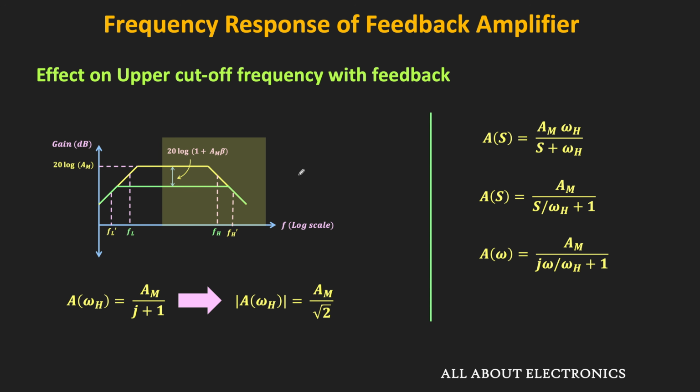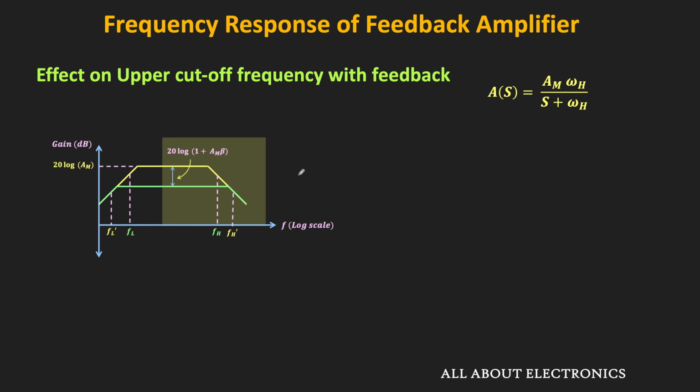But now, let us see the response of this amplifier with the negative feedback. So with the negative feedback, the closed loop gain of the amplifier can be given as A divided by 1 plus A beta. So now, let us put the value of A in the given expression.